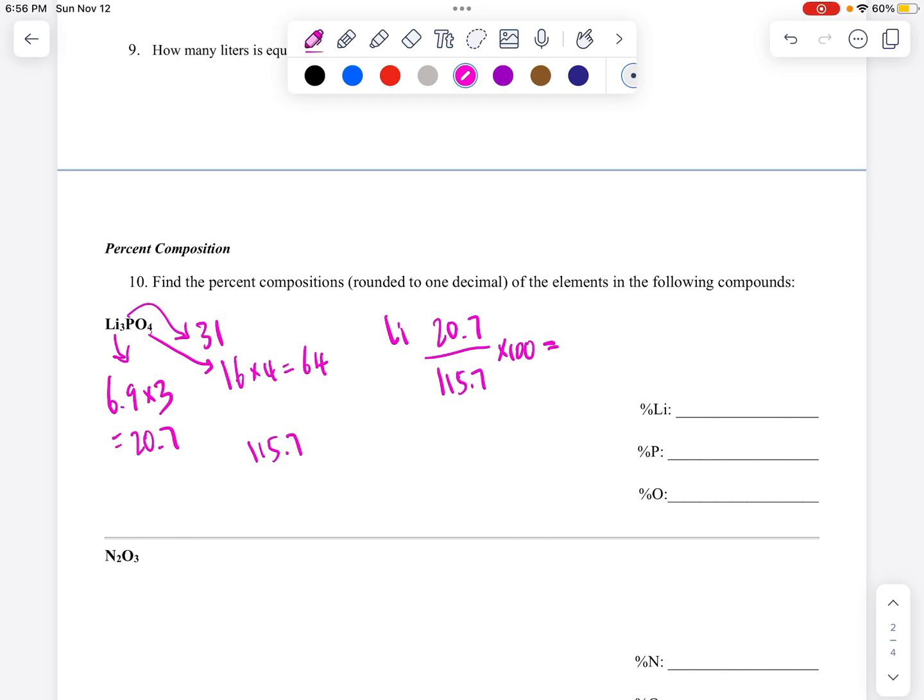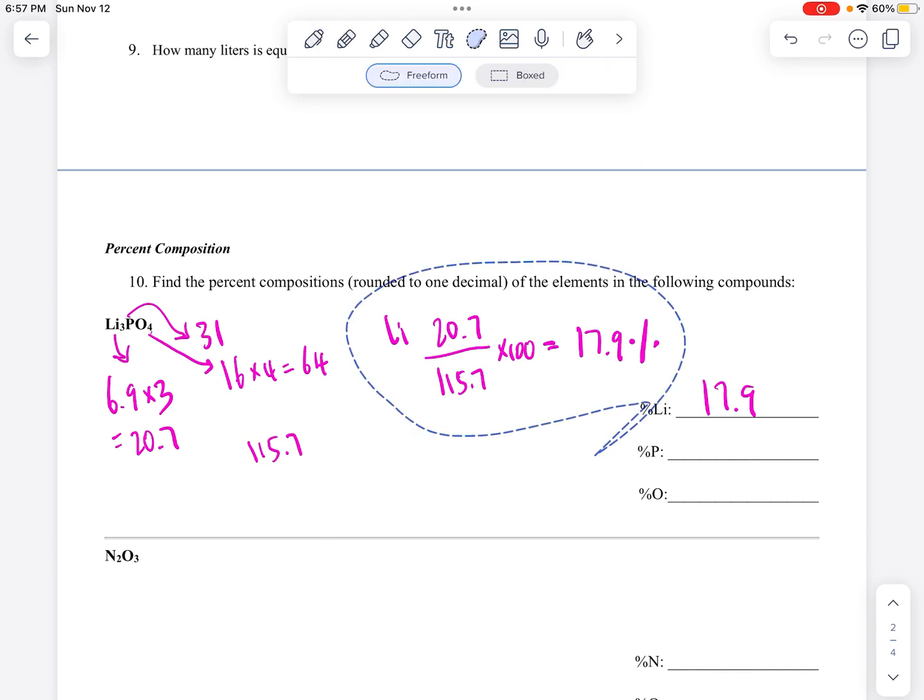Just doing that on my calculator really quick. Okay, so that's about 17.9%, okay? You can round to the nearest tenth if you like. I recommend doing tenth. If it's to the 100th, your rounding is going to be a little bit tricky because you do want to make sure that they all add up to 100% at the end, right? So that's 17.9%, okay?